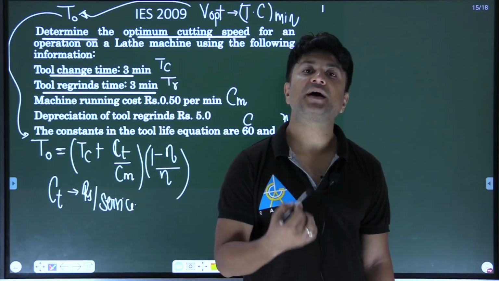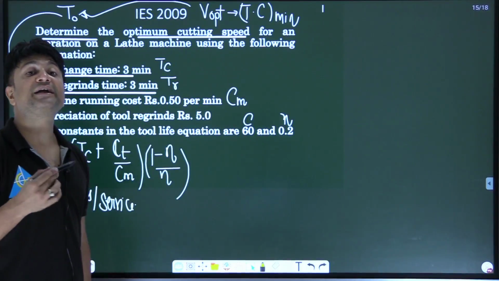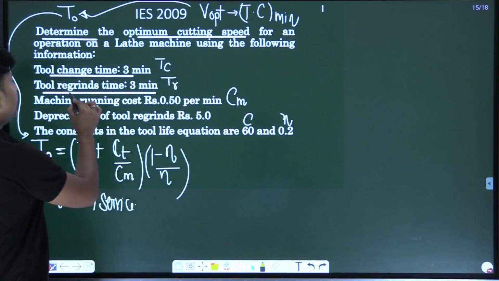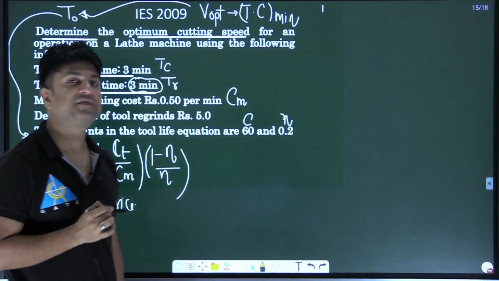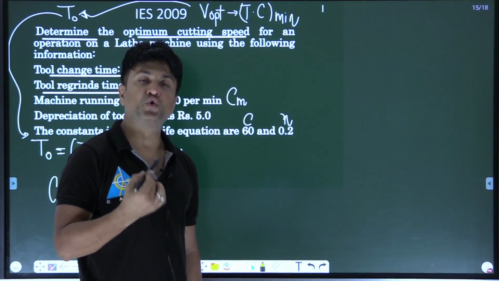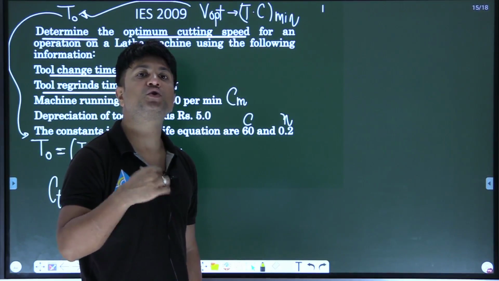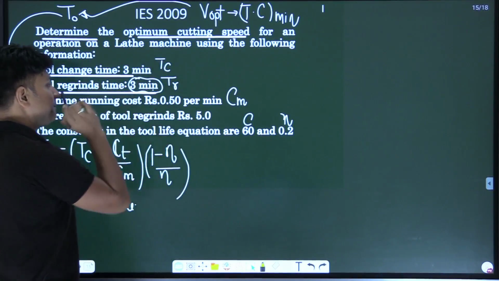Service means I am regrinding the tool. Tool was failed, so I am doing service on the tool so that the tool becomes perfect and I can use it again. So, this is my service time, got it?